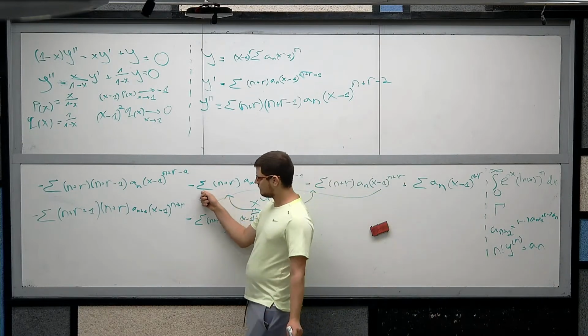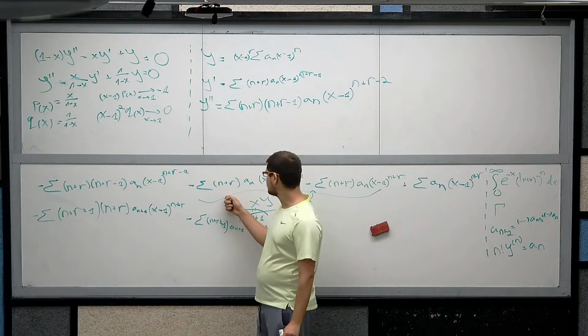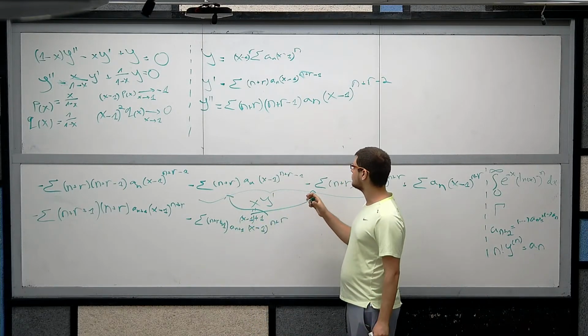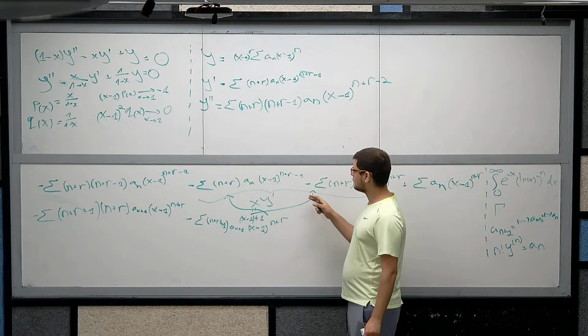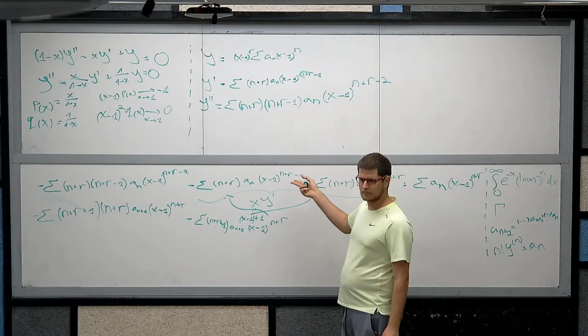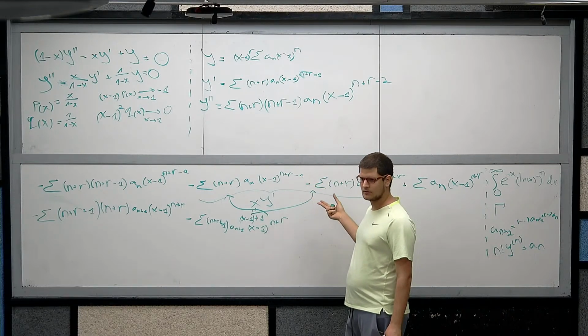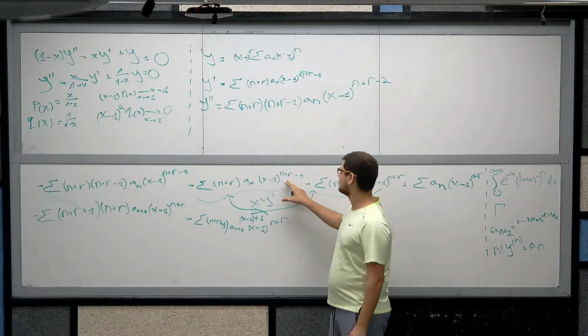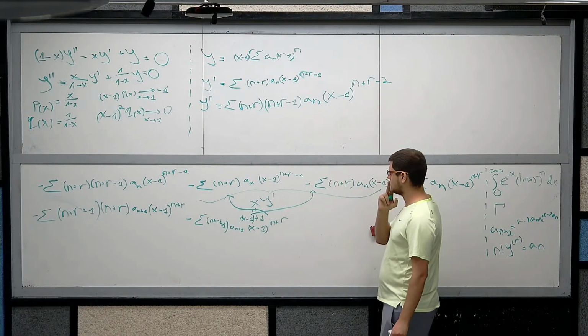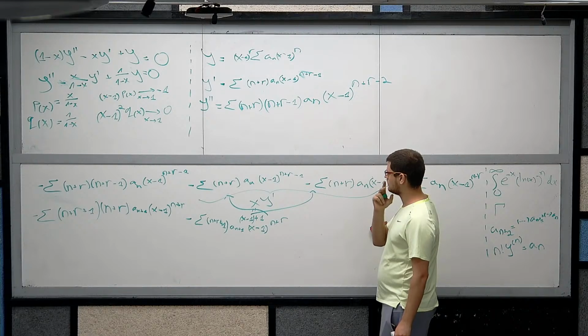Just look, here it starts from n equal to 0. Here it's not obvious, but when you take the derivative, the first term of y will not be equal to 0. Need to be careful.